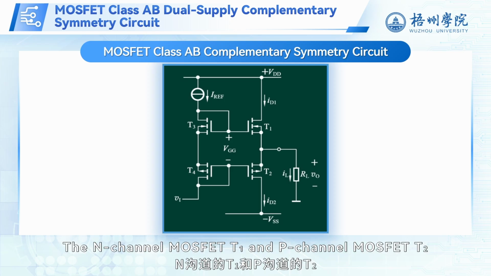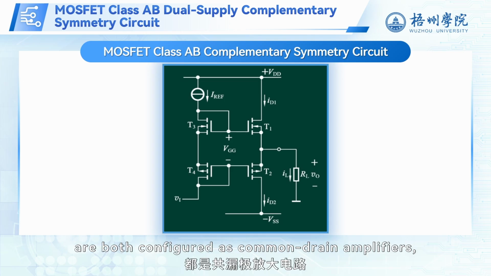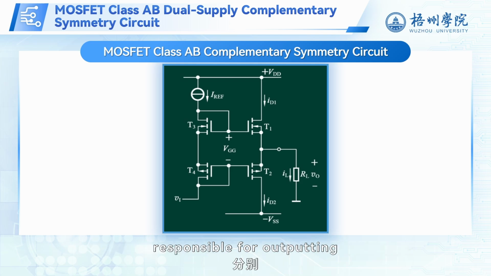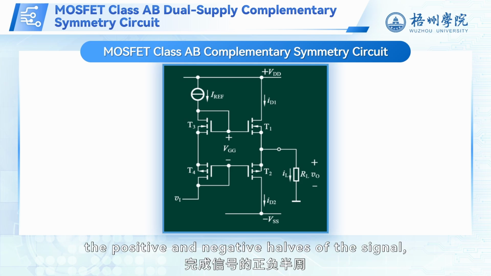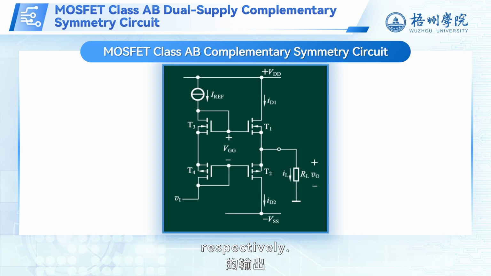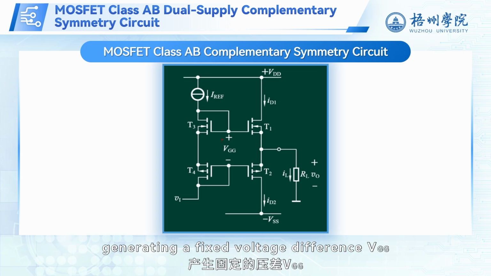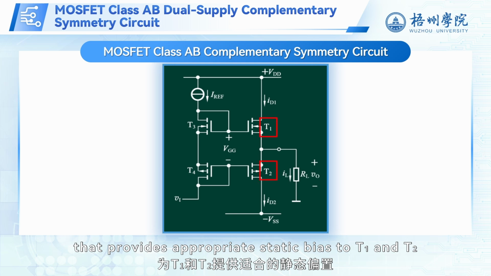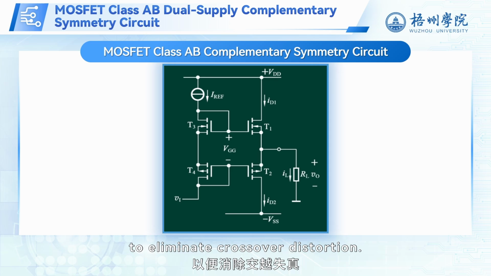The N-channel MOSFET T1 and P-channel MOSFET T2 are both configured as common drain amplifiers, responsible for outputting the positive and negative halves of the signal, respectively. The current sources T3 and T4 form a quiescent bias branch, generating a fixed voltage difference VGG that provides appropriate static bias to T1 and T2 to eliminate crossover distortion.